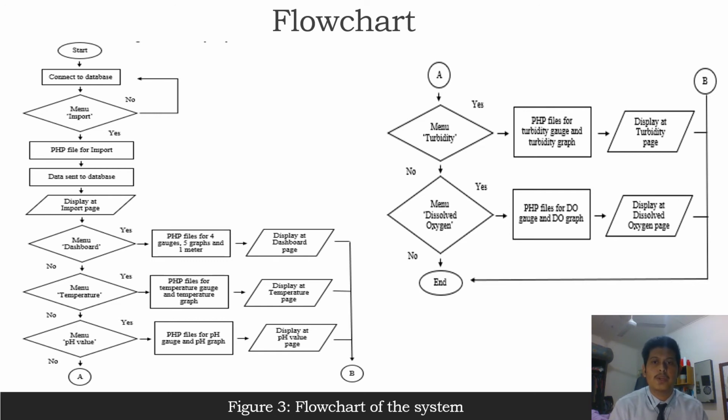For the turbidity menu, it will run PHP files for the turbidity gauge and turbidity graph, and display the GUI on the turbidity page. For the last one, the dissolved oxygen menu, it will run PHP files for the dissolved oxygen gauge and dissolved oxygen graph. It will display the GUI on the dissolved oxygen page.